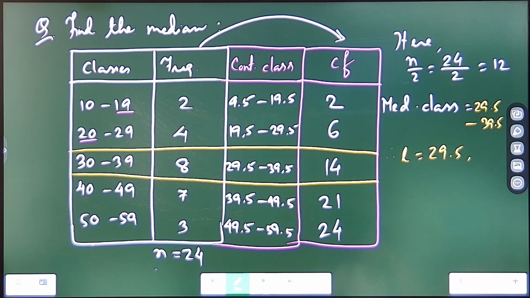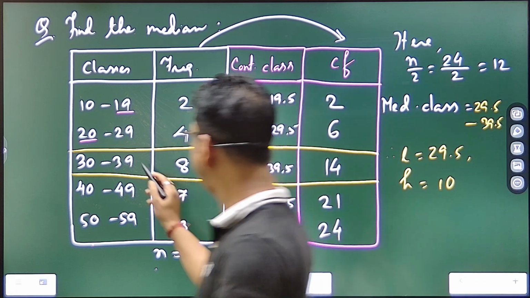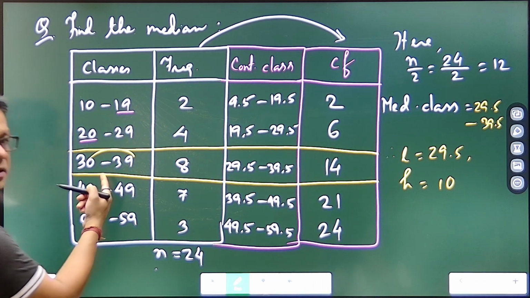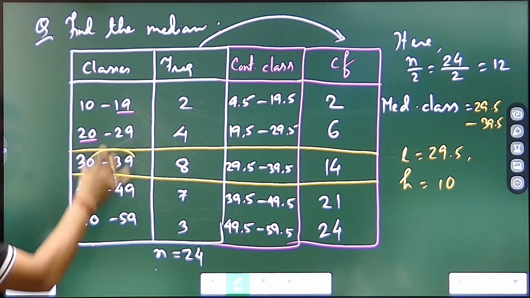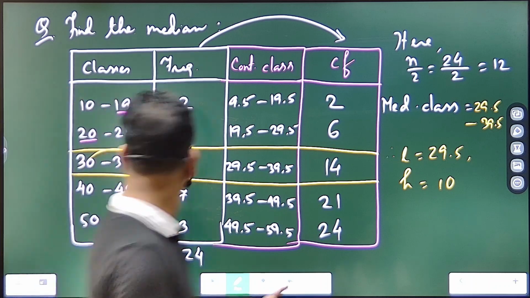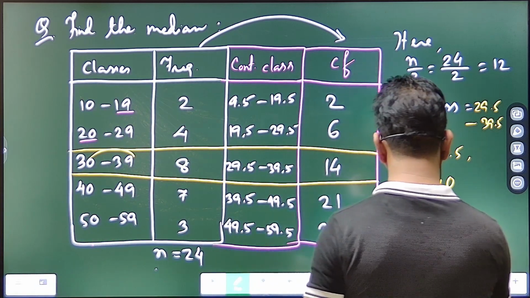H, what is H? The gap: 39.5 minus 29.5, how much? 10. But see, if you find the gap here, how much? Only 9. That is why the continuous class should always be considered. So H is 10.